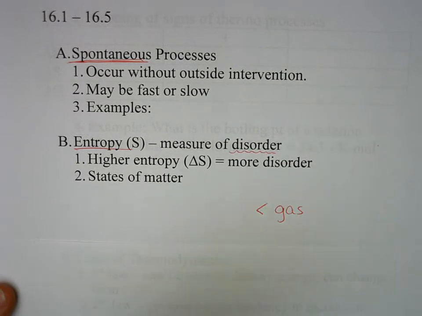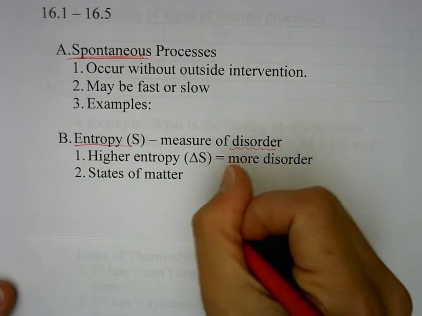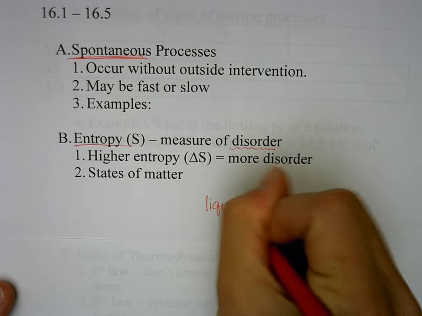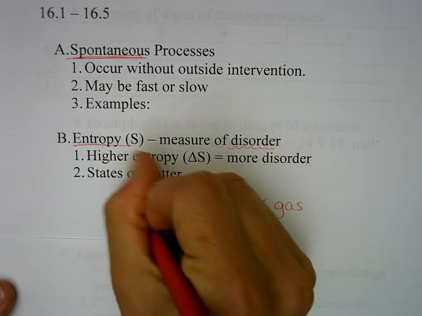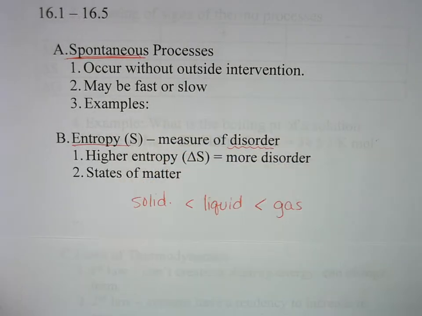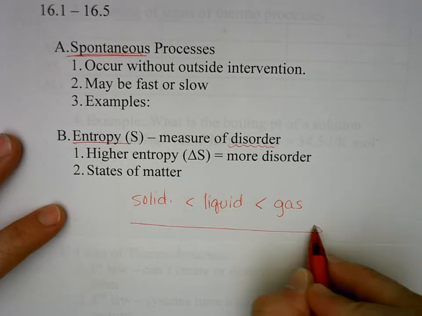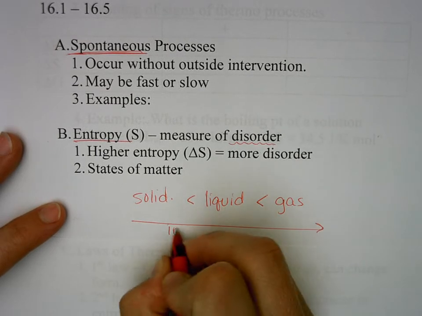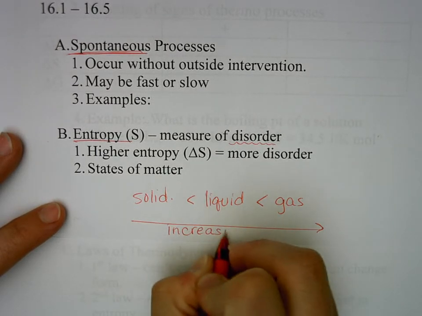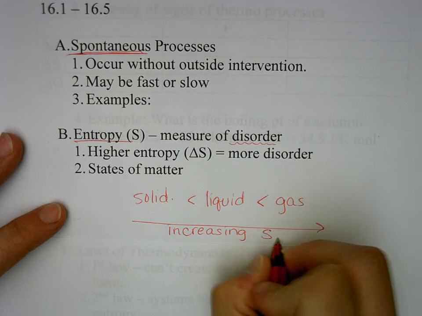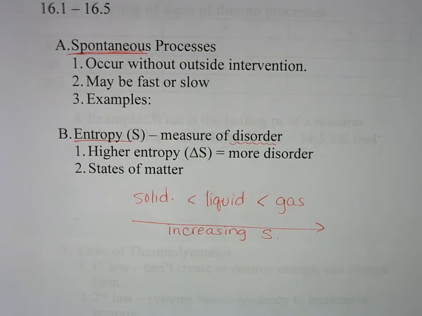So gas molecules have greater entropy than liquid molecules, which have greater entropy than solid molecules, which are all kind of orderly in a specific structure. So this is our order of increasing entropy. Okay, entropy is represented with the letter S.